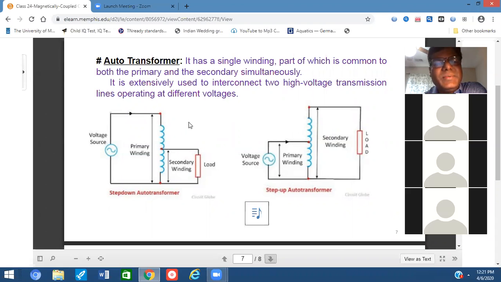For example, you have 120 volt, but you need to use only 50 volt. You just control the coil. Likewise, as in the left side figure, you just take a portion of the coil, depending on how much voltage you need. That is another best example of an auto transformer.